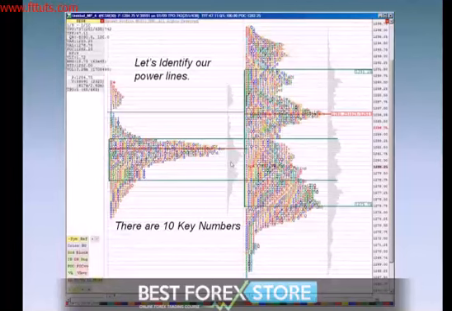All right, so now that you've learned to identify the POCs that the software identifies, and you've also been able to identify other POCs that are critical on the weekly chart, even though the software may not highlight them for you, now let's take a look at these 10 key numbers that you should also be able to highlight and discern from your weekly chart.